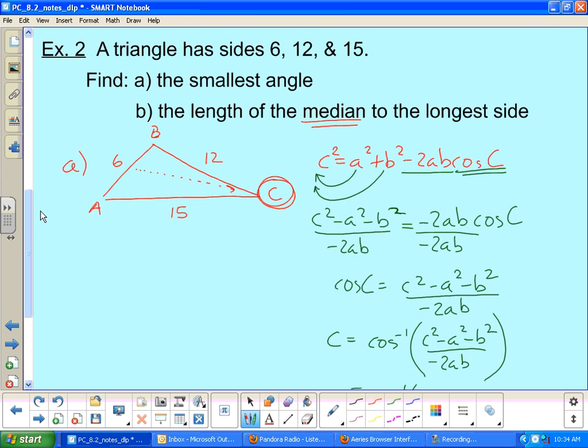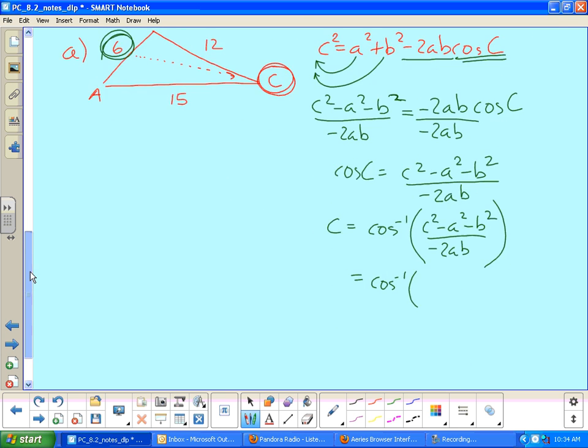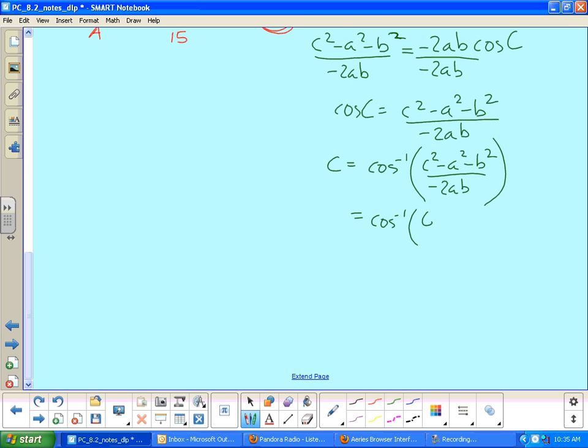You've got to get this one right. The C squared is important. The A and B, not so much. C squared, the side across from the angle you're looking for, is the C squared part in our example. So we're talking about that being a 6: 6 squared minus 12 squared minus 15 squared all over negative 2 times 12 times 15.